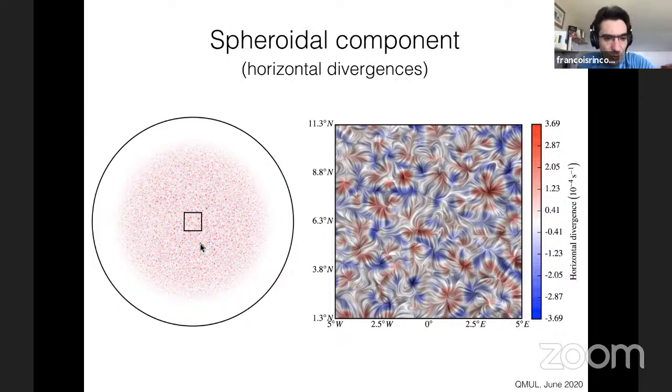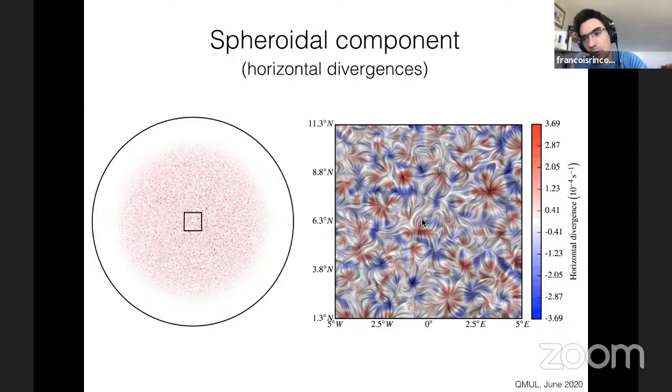On the left, what you have here are color maps of the divergences of the field, how the flow expands at the surface or sinks. And on the right, this is a visualization using line integral convolution, which gives you an idea of the Lagrangian trajectories if you were to put tracers at the surface, overlapped with the divergences. This is for the spheroidal component, so the cellular component of the flow.